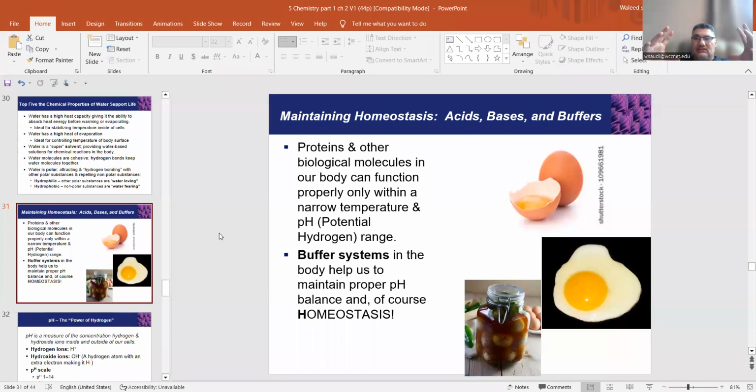In reality, do we have only hydrogen, only hydroxide? No, we do not. We always have a mix, and whichever is more is going to determine. Let me give you a practical example. If I give you two colors, I give you white, I give you black.